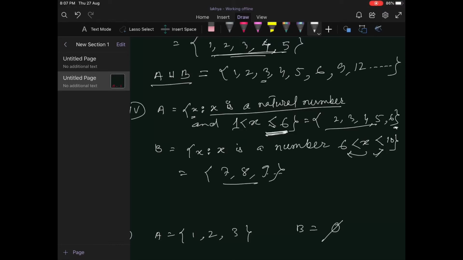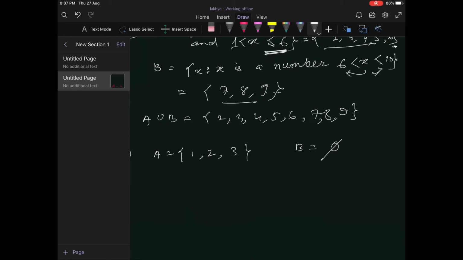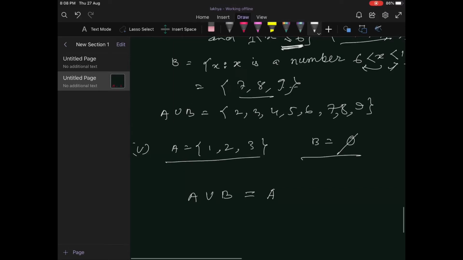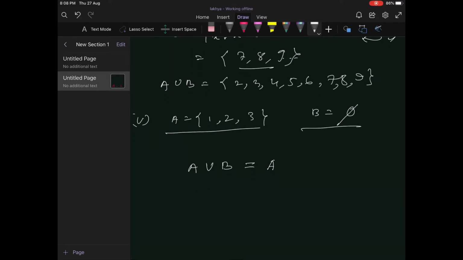So now you see the union of these two sets, A union B, will give you 2, 3, 4, 5, 6, then 7, 8 and 9. Now you see the next pair, A contains 1, 2, 3 and B is the null set. So the union of these two must be equal to set A. It is very simple.